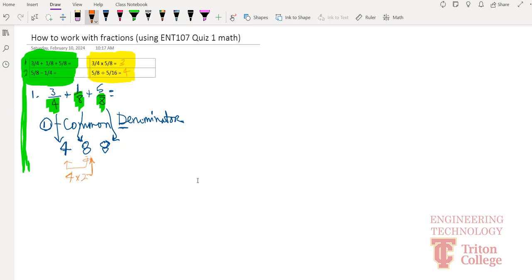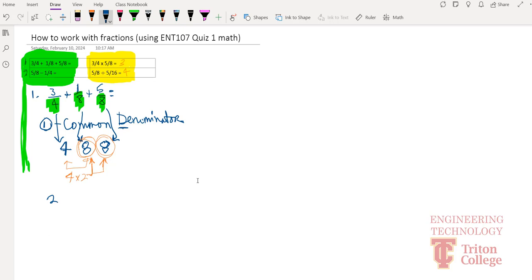Which means you're looking for the biggest number of all the denominators that are common to every single denominator on there. So in our case, the obvious solution is 8, because 4 times 2 is 8, and of course the answer doesn't change if I look at the other 8. So for 3/4 and 1/8 and 5/8, the common denominator for the purpose of doing this work is 8.